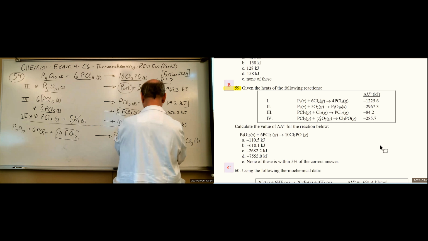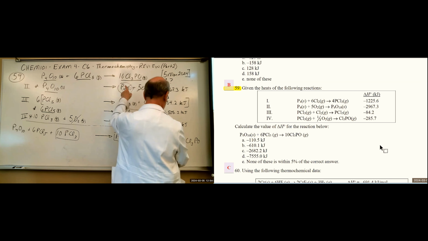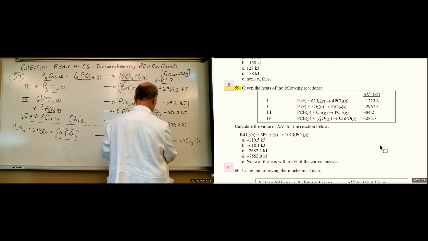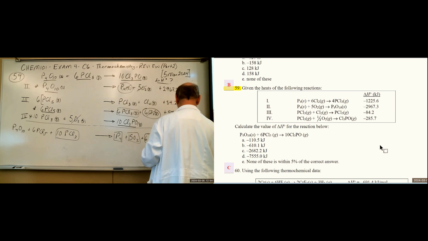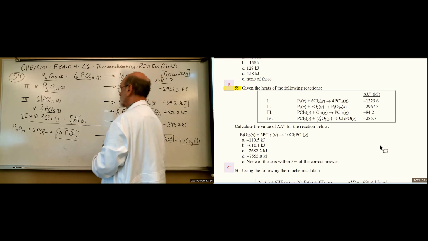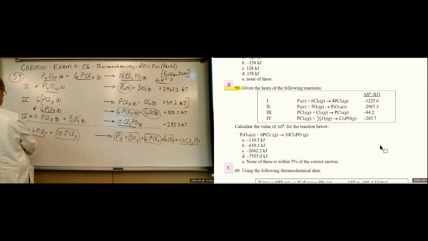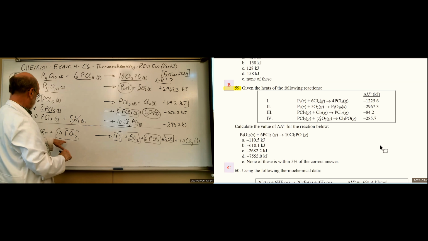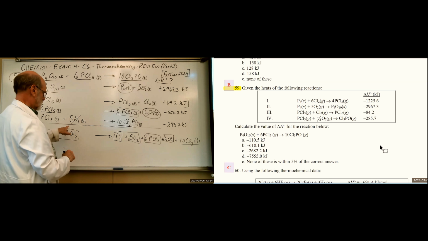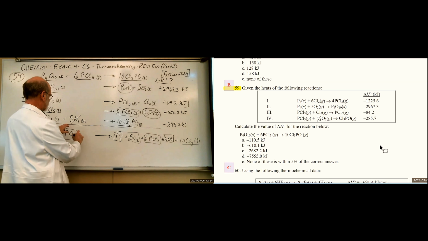We have to deal with all of these. Keep that. Those are the ones we want to keep, and 10 PCl3. Where's my 5? Oh, 5 oxygen.